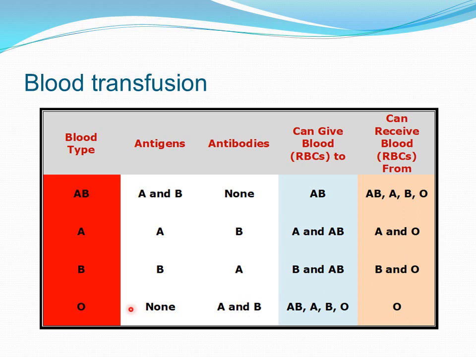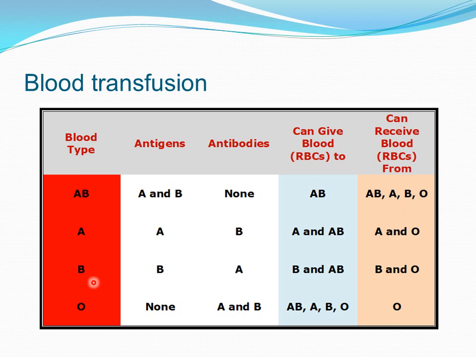So antigen is nil, so no reactions. So blood group O is always called the universal donor. It can give blood to all the blood groups A, B, AB as well as O.